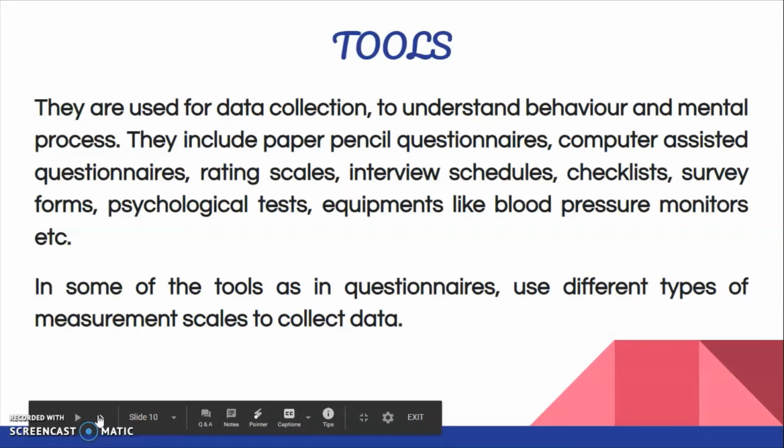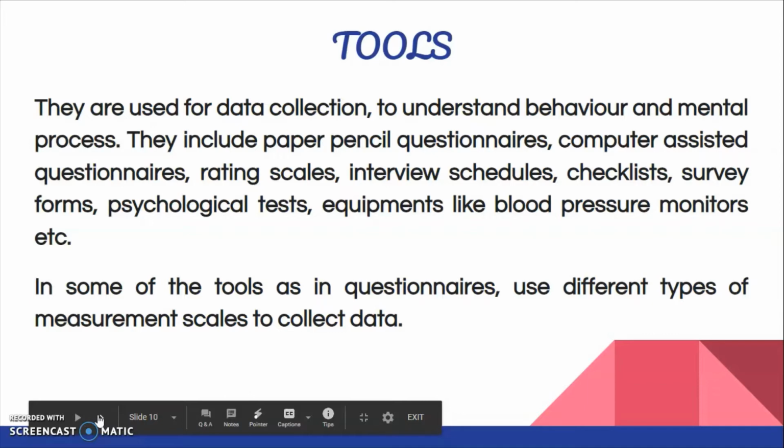We call them tools. Some of the tools, as in questionnaires, use different types of measurement scales to collect data. So you see, for every tool there will be measurement scales. See, if you want to measure the height of a particular person, then we are using a measurement scale. We use centimeters, meters, millimeters. If you want to measure length, we use centimeters, millimeters, kilometers, like that.